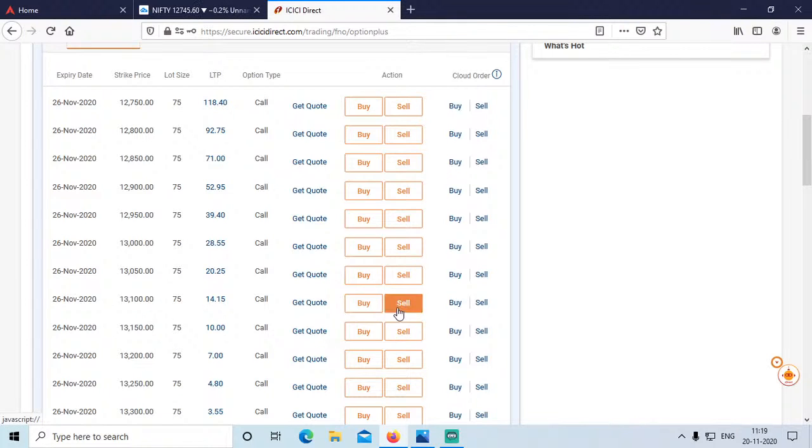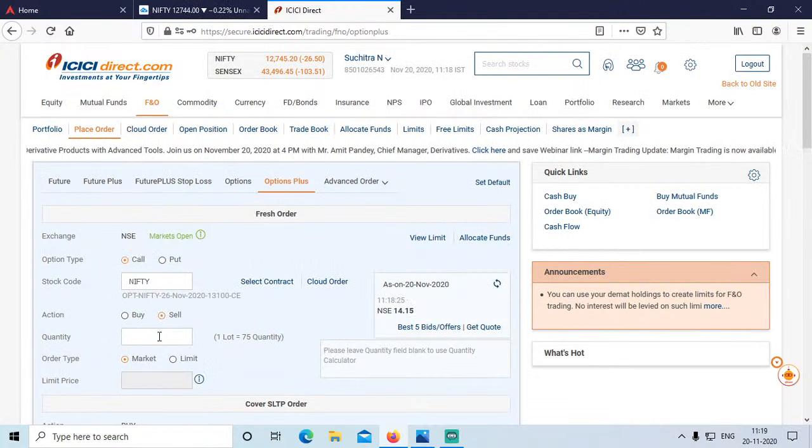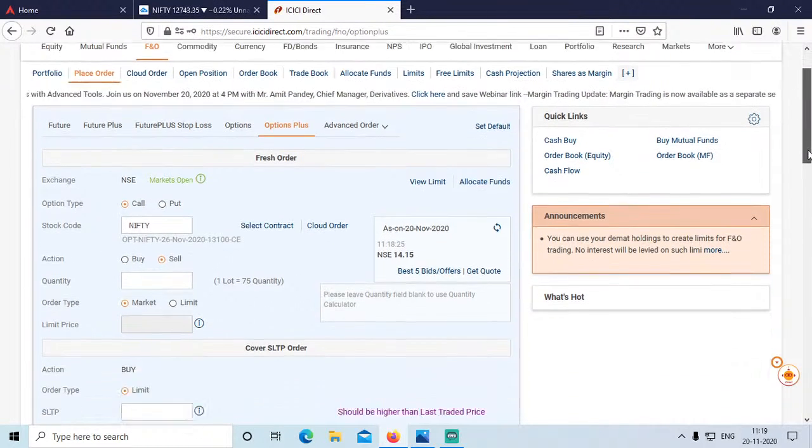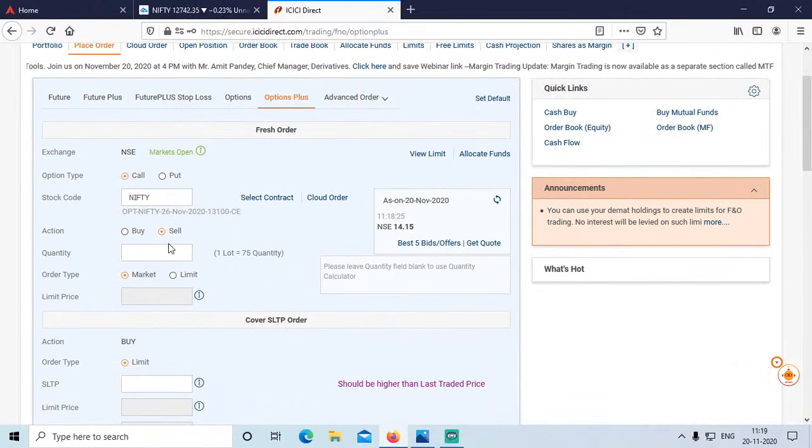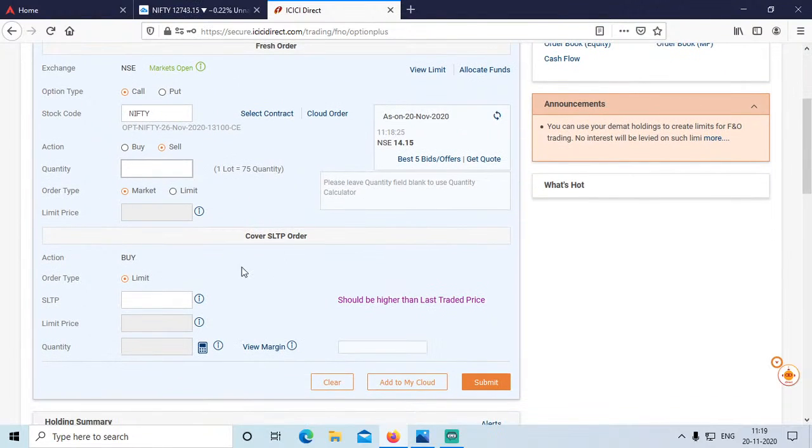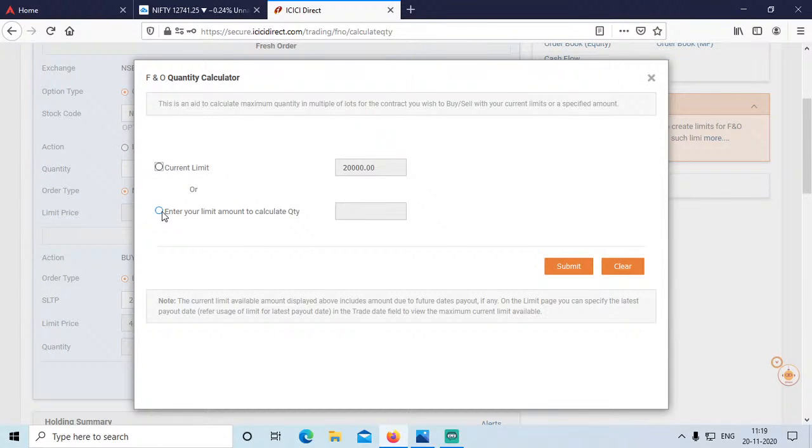We can choose this. So we will choose the sell option, and we should know how much we can sell. We don't know how much quantity we can sell, so what we will do is leave this quantity blank. The system will decide it. The stop loss for that, 14 rupees, is just double, 28 rupees, and we will ask the system to calculate it.